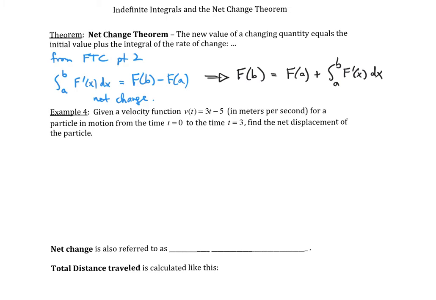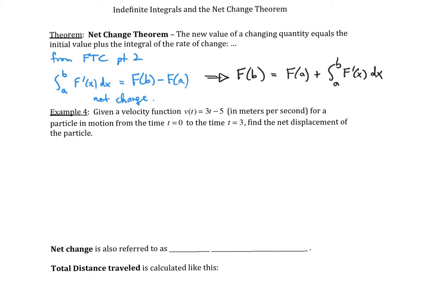Different books express the net change theorem in different ways. Some books do it in the way I've written here in blue. Other books solve for f of b and say, if you just started at f of a and then you added the integral, this integral is the net change, and then you end up at f of b. Why don't we look at an example together and we could make sense of all of this.